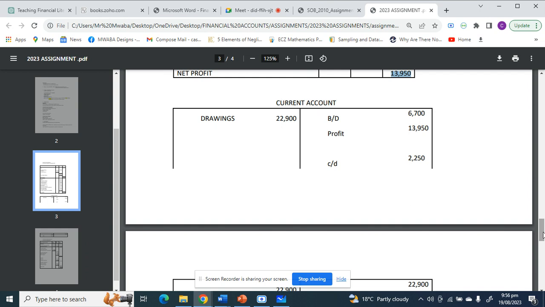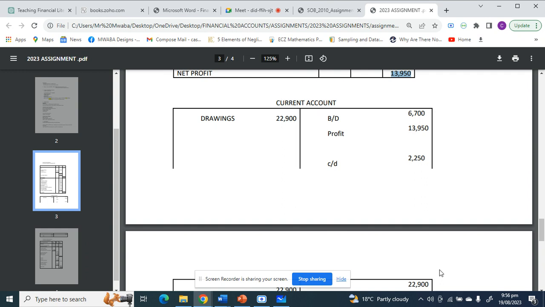Also called the balance sheet. The accounting equation, which says assets equals liabilities plus capital. That's the whole essence of the balance sheet. Your total assets must equal the total liabilities plus capital.